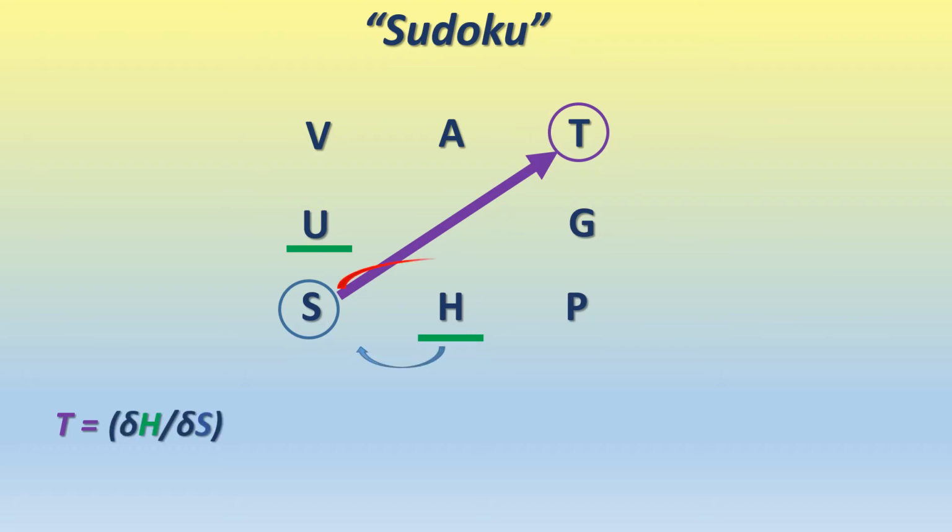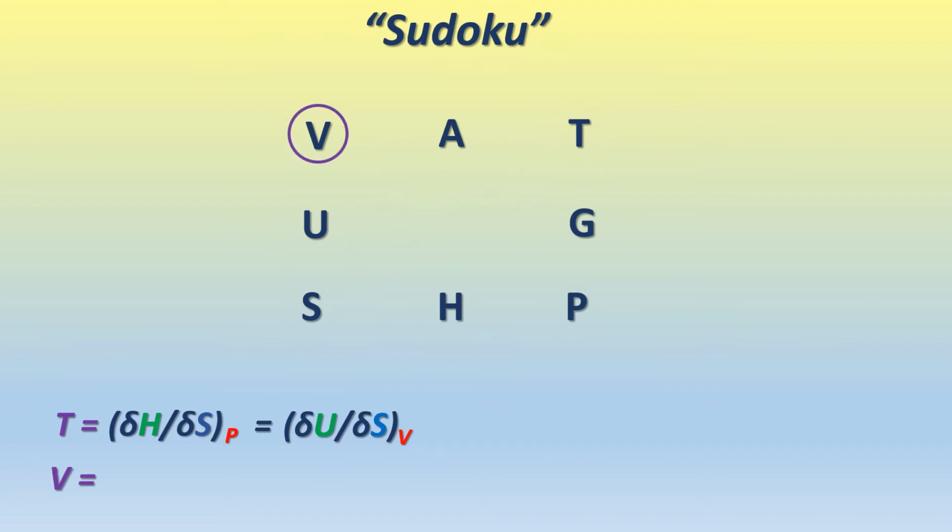T is opposite of S and is a variable of both U and H. So, the partial of H with respect to S at a constant P gets me to T, or the partial of U with respect to S at a constant V also gets me to T. If I want to find volume, volume is diagonally across from pressure.